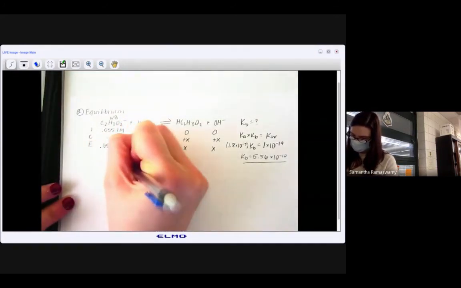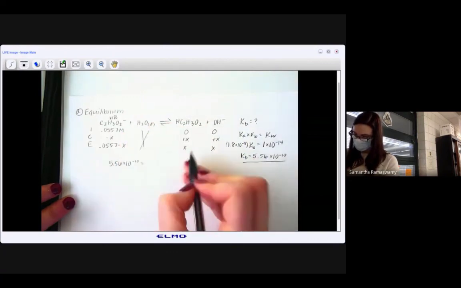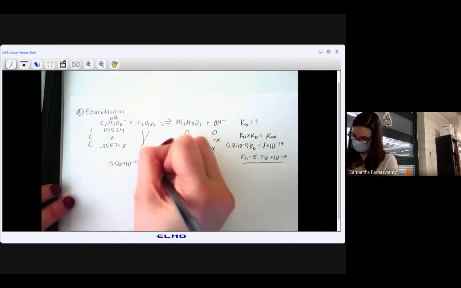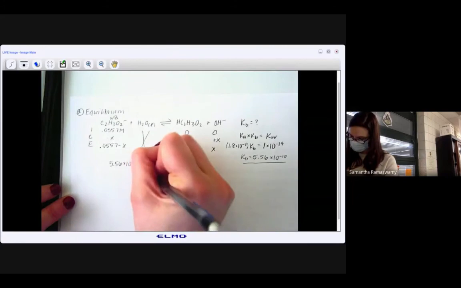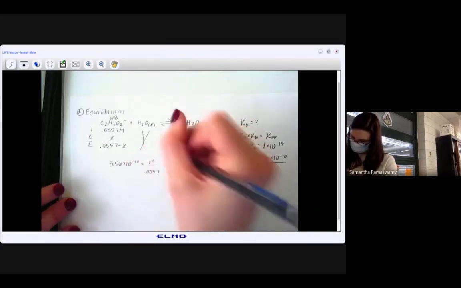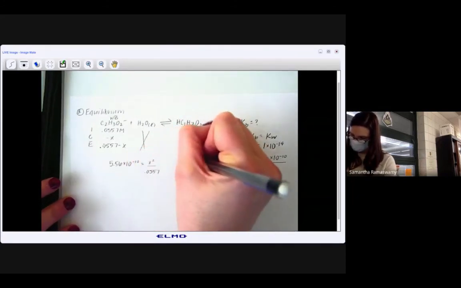So Kb is products over reactants. I can assume X is small.